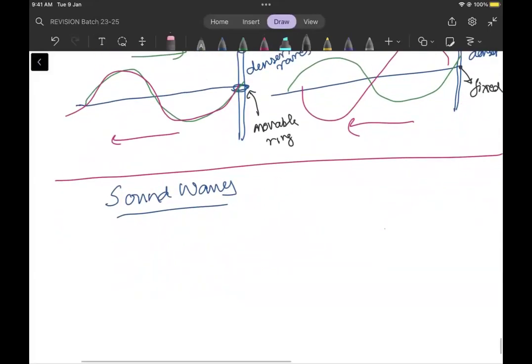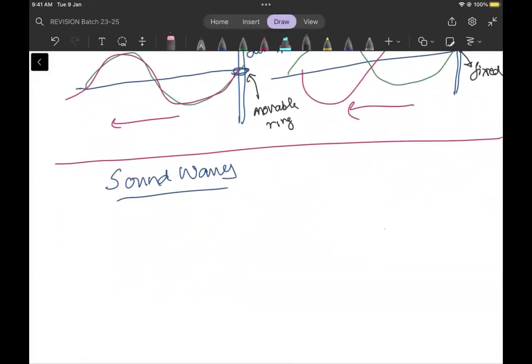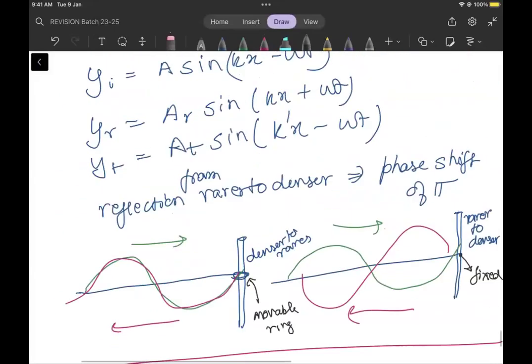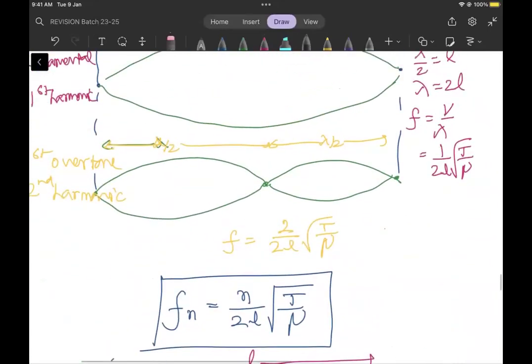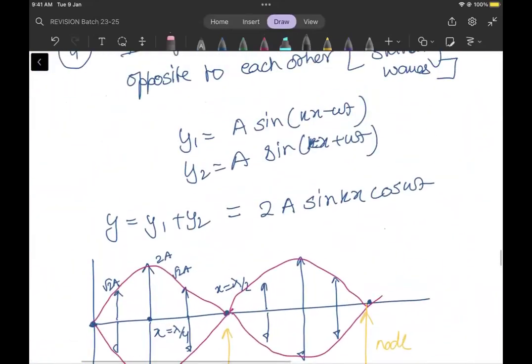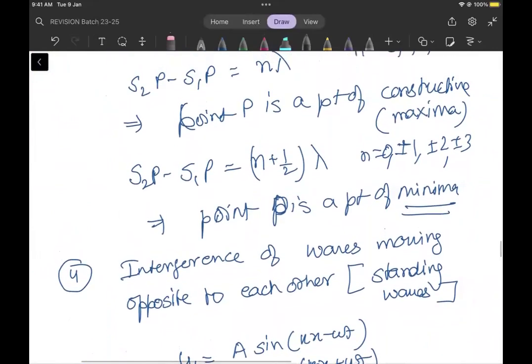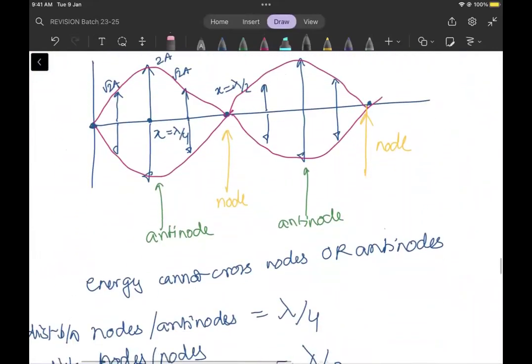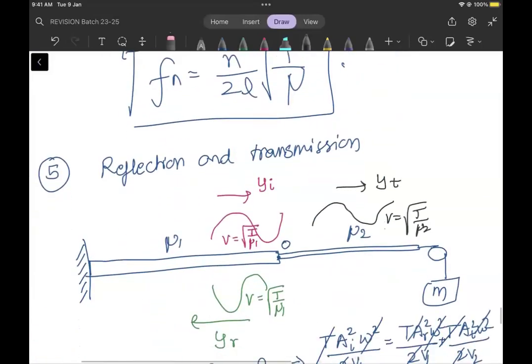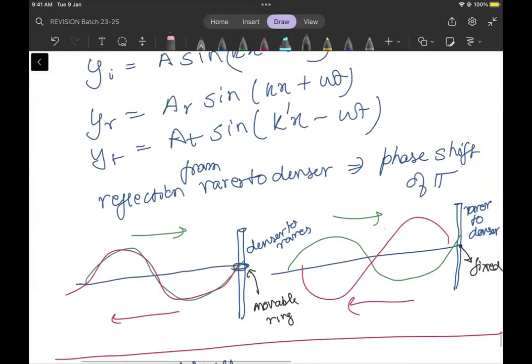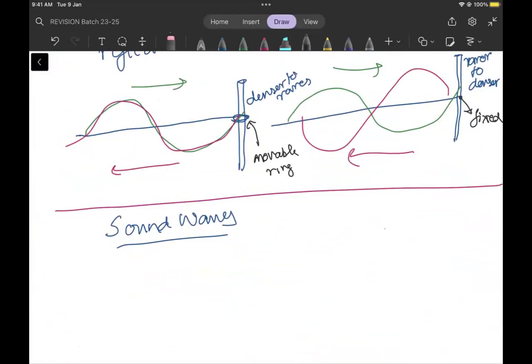ओके, साउंड वेव्स। साउंड वेव्स में हमको ये जो अभी तक हमने यहाँ पे पढ़ा सब बिल्कुल एग्जैक्टली ऐसे ही फॉलो होएगा। बस थोड़ा सा चेंज हो जाएगा, एक चीज ऐड, दो चीजें, तीन चीजें ऐड हो जाएंगी। प्लीज रिमेंबर क्या तीन चीजें ऐड हो रही हैं। So the first thing that will be added will be the concept of the pressure wave.